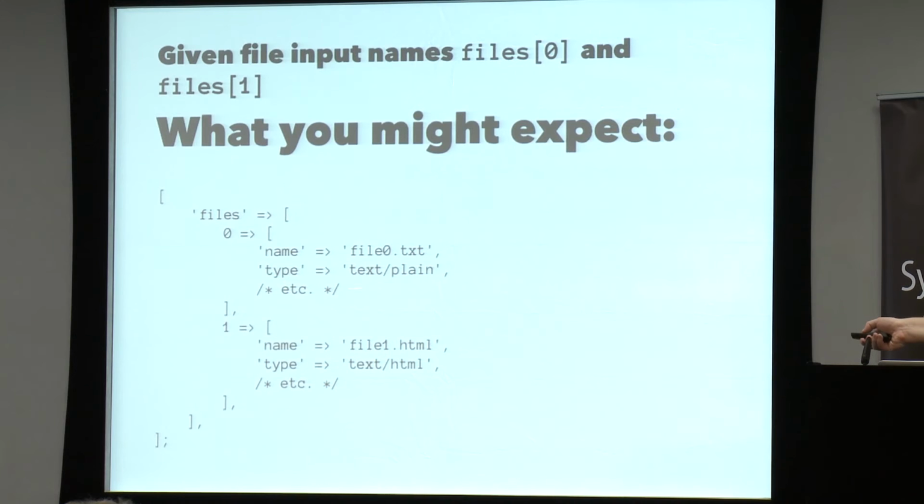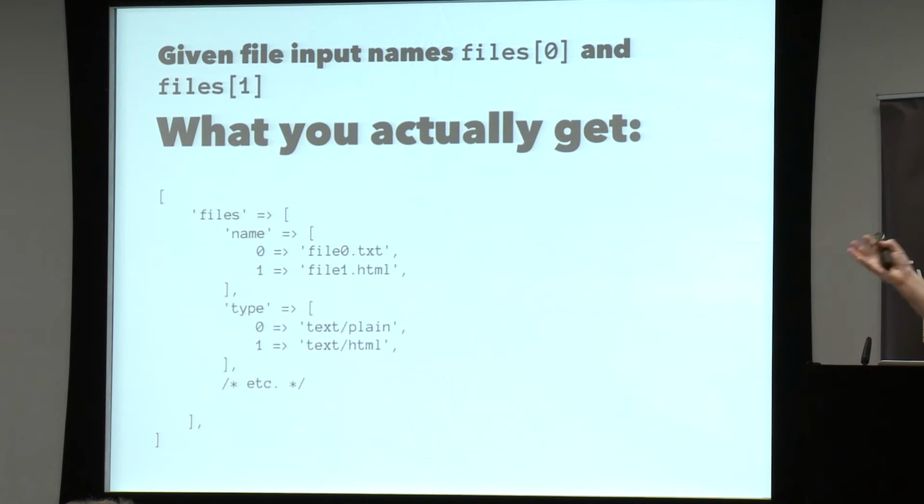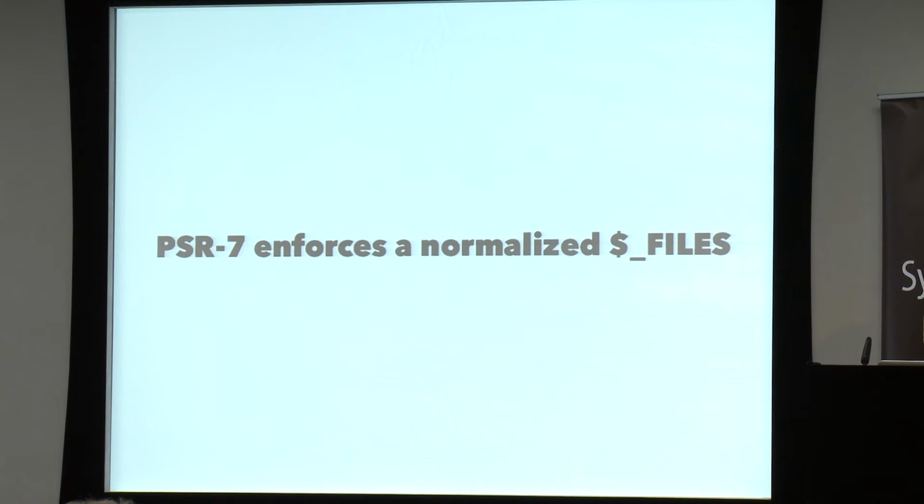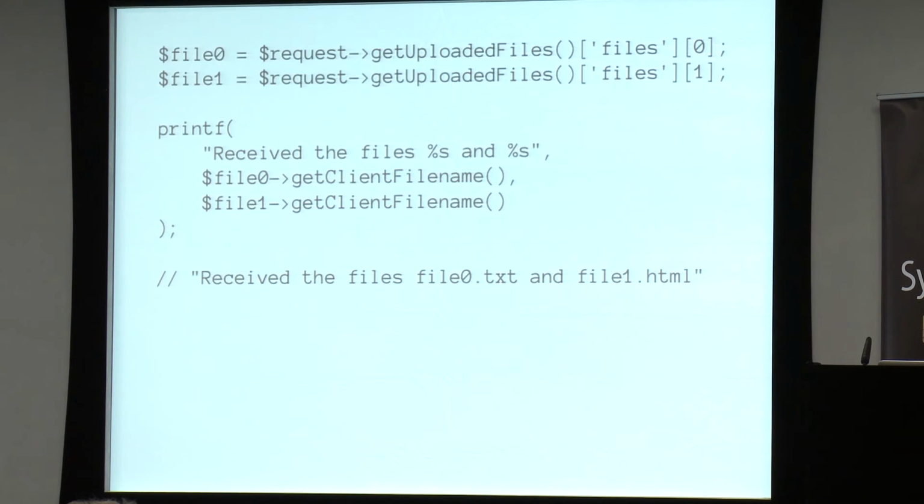If you upload multiple files, all of a sudden it's broken up in a weird way. So one of the things that the Symfony community brought to PSR-7 at the last minute was the idea to normalize files, so that however you deal with them, whether you upload one file or 10, it's always going to be handled the same way. So it normalizes the structure so that you don't have to deal with PHP's oddity of handling things if you're uploading one versus many.